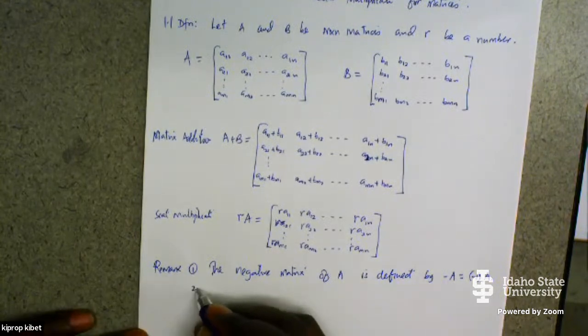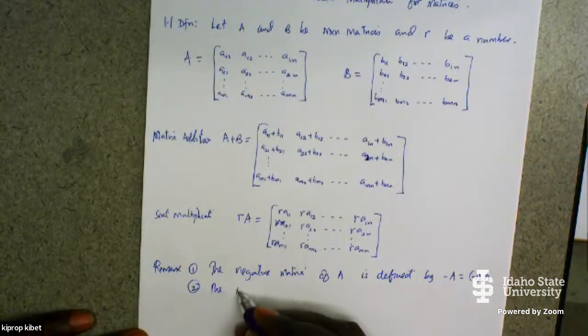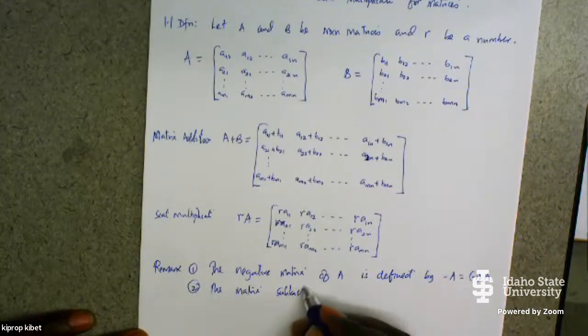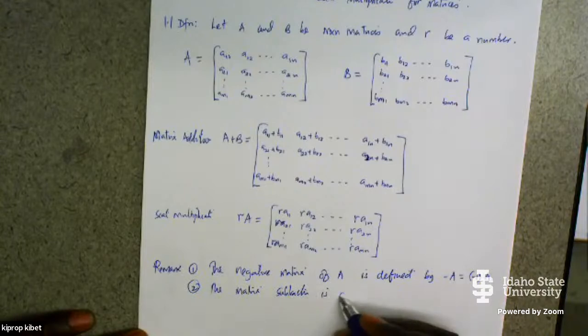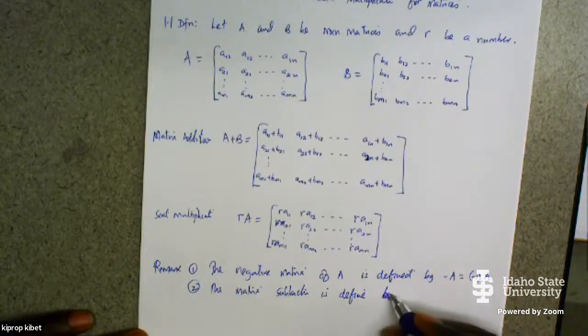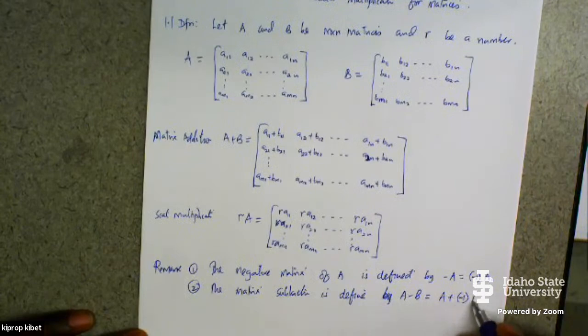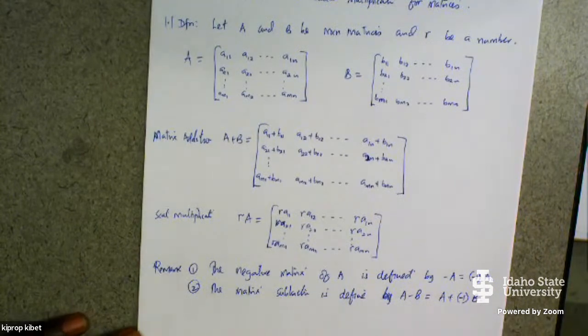Number two, the matrix subtraction is defined by A minus B, which is the same as A plus -1 times B. So we can define that.